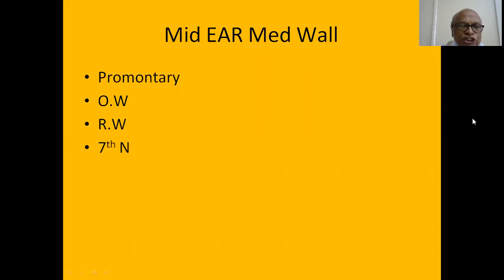This is called the second genu. From there it becomes the vertical portion or the mastoid portion, and then it comes out of the temporal bone through the stylomastoid foramen medial to the styloid process and enters the space between the superficial and the deep lobe of the parotid gland.